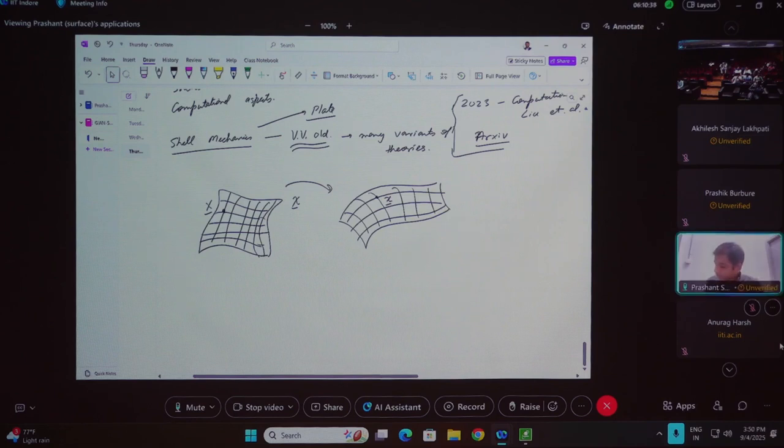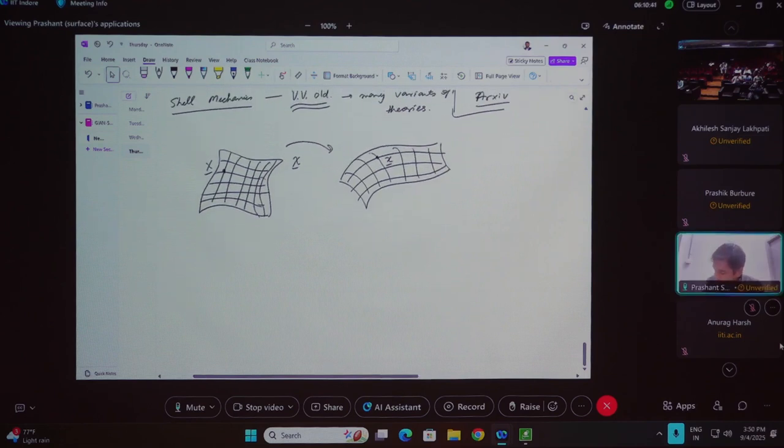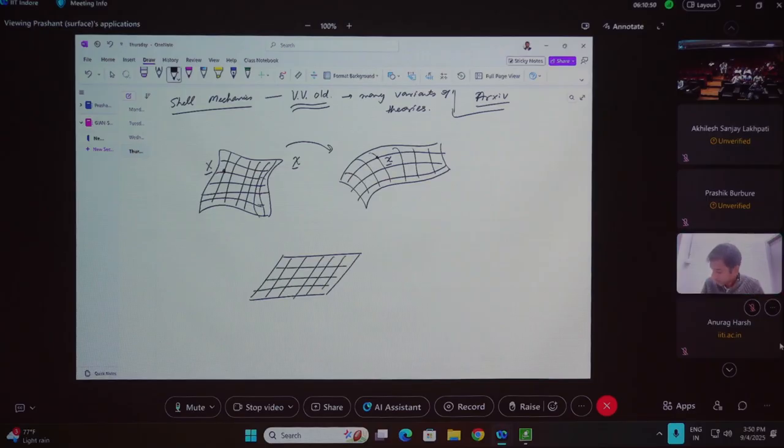But what we also tend to do in a shell is have an imaginary flat parametric domain. So this is imaginary, and we call it the parametric domain. What it does is give you a flat, straight configuration to start with, and then you can define your coordinate system here.